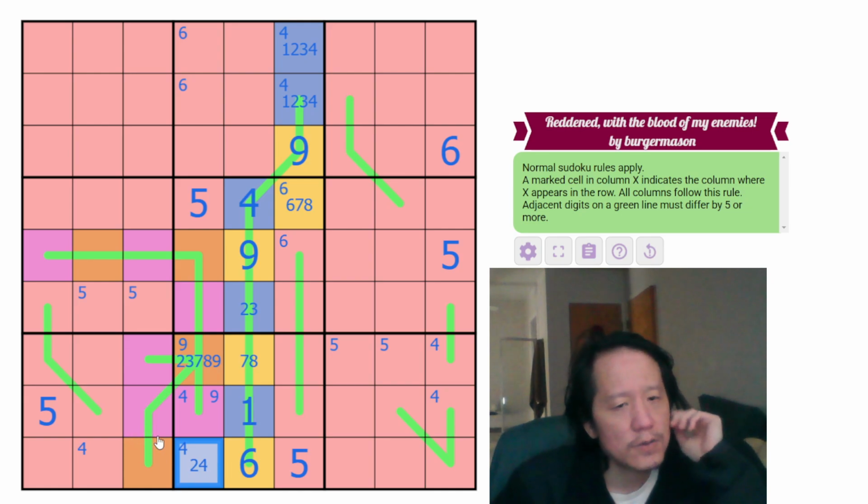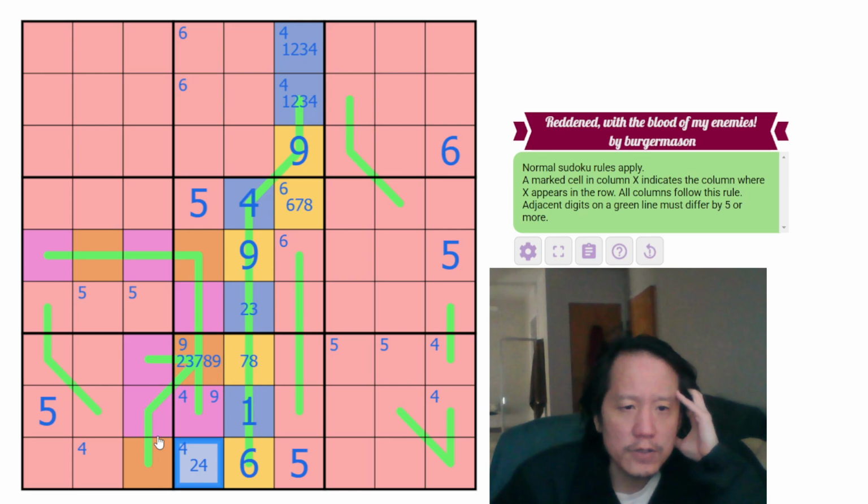Let's see. 4 cannot be in column 7 or 8, because we already know we have one 4 in either one of these two cells because of the 9 that's here.